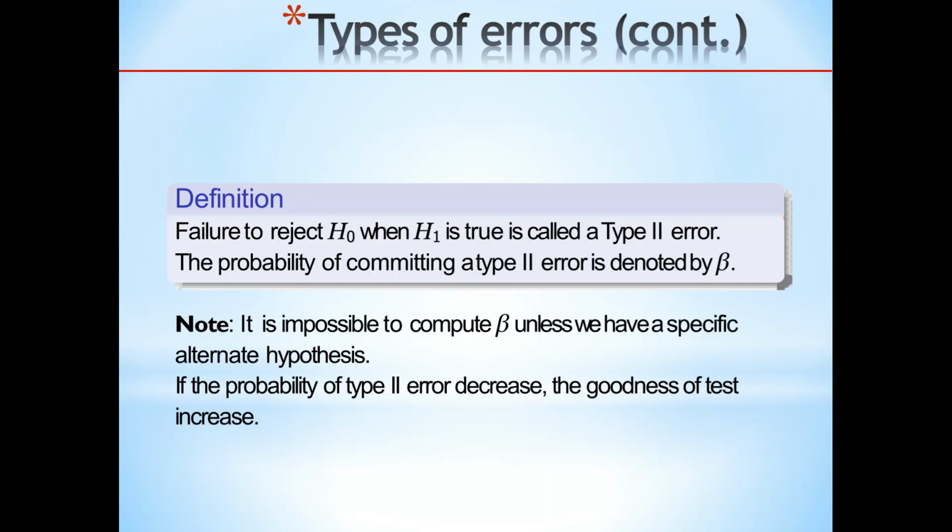This type of error is denoted by beta, and committing this type of error is going to decrease the clarity and the goodness of our testing. Most importantly, it is impossible to compute beta unless we have some specific value of the alternative hypothesis, that is H1.